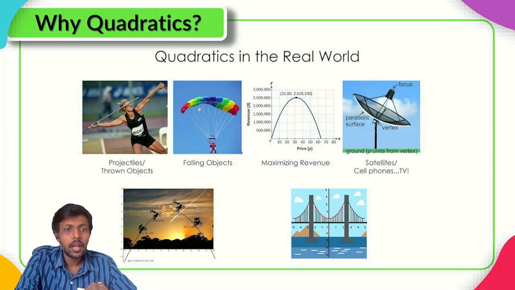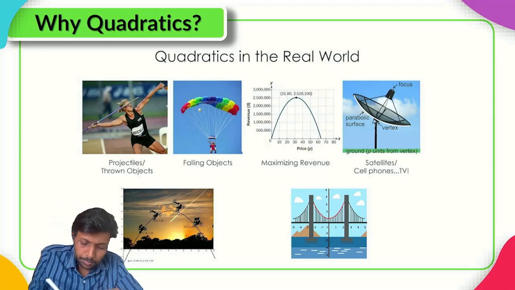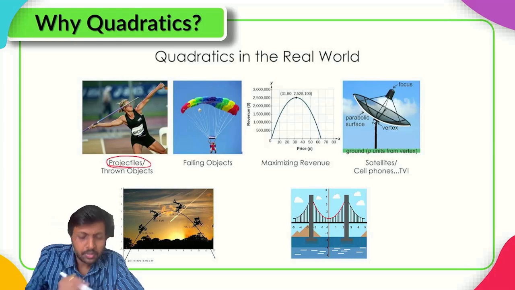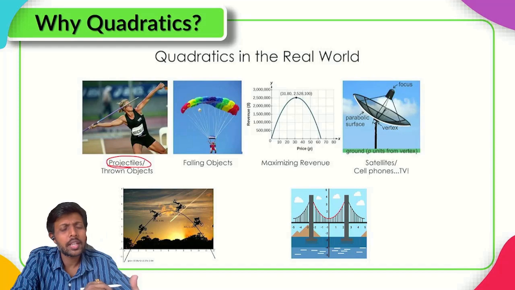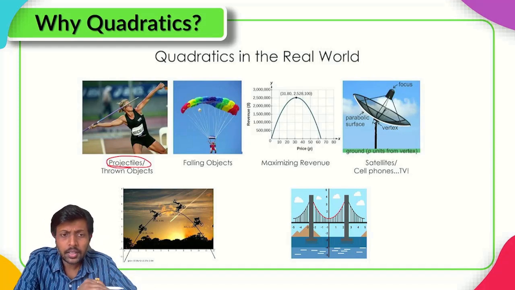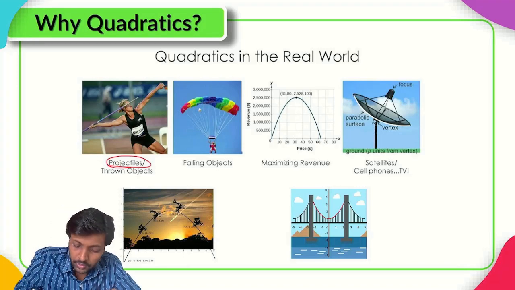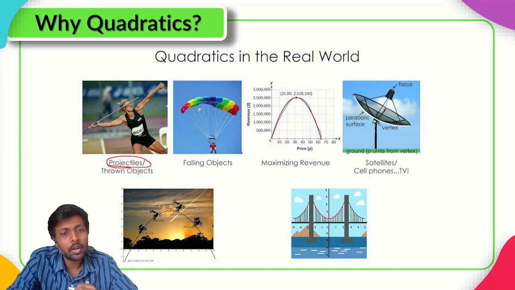So whenever you throw an object, like a projectile, in physics you must have noted what projectiles are. Whenever you're throwing any object in the real world, it's going to follow a path which looks like a parabola. A parabola is represented by an equation of second order, which is a quadratic equation.